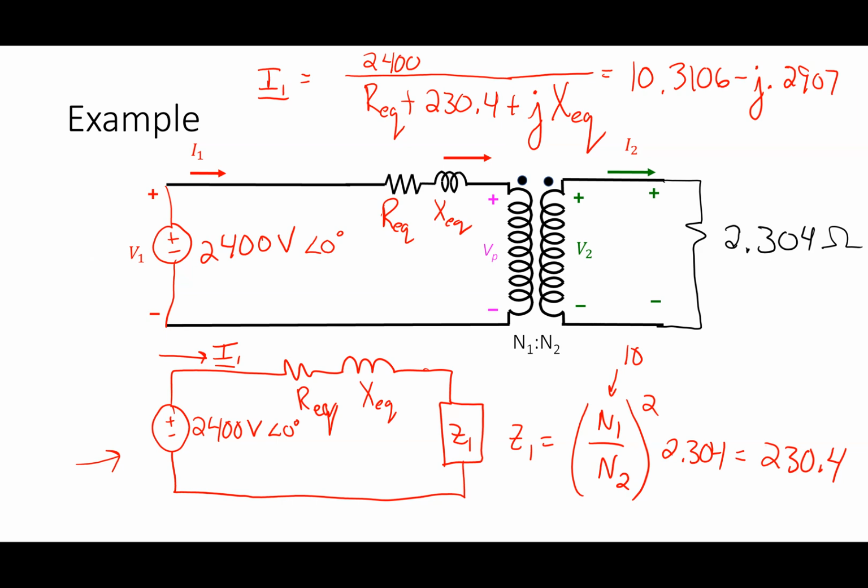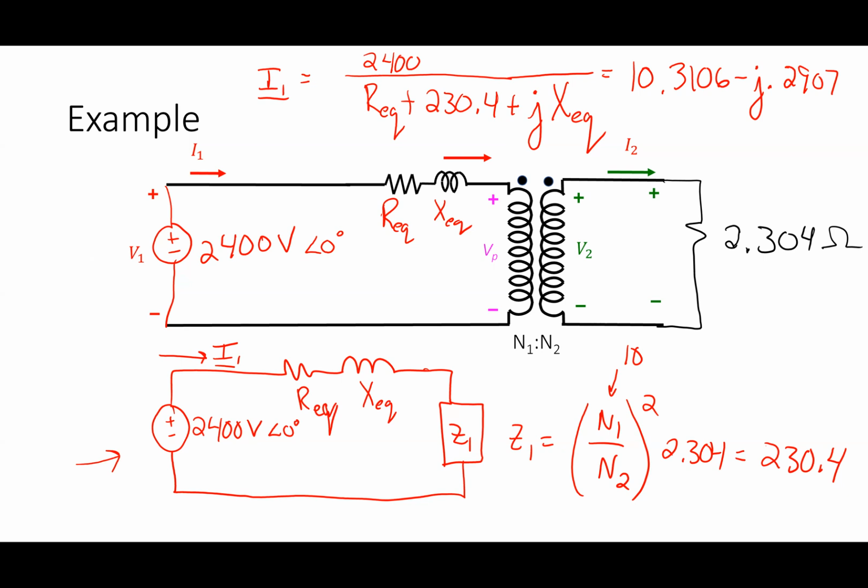Now, what did I also say I wanted? I said I wanted V2 and I2. So how should I start? There's a couple of ways. Let's start with I2. How could I find I2?